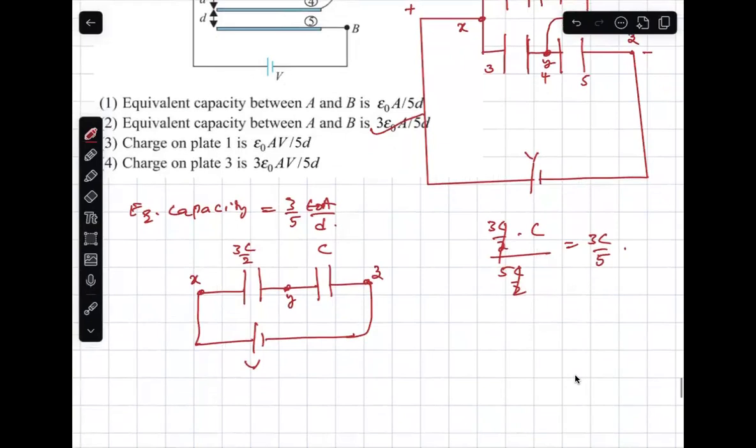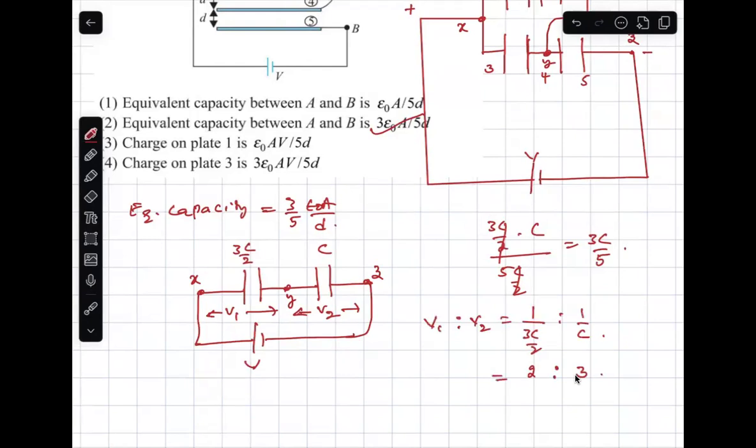Now how is the capacitance ratio? Now here I am taking the voltage drop as V1, the voltage drop as V2. V1 is to V2 is reciprocal of capacitors, I told already yesterday. So 1 by 3C by 2 is to 1 by C. This is nothing but 2 is to 3.